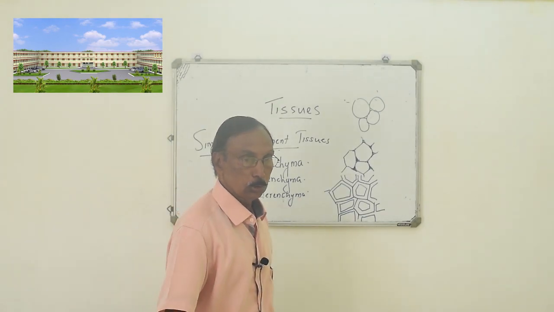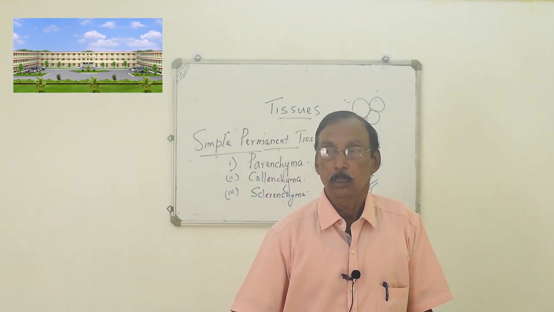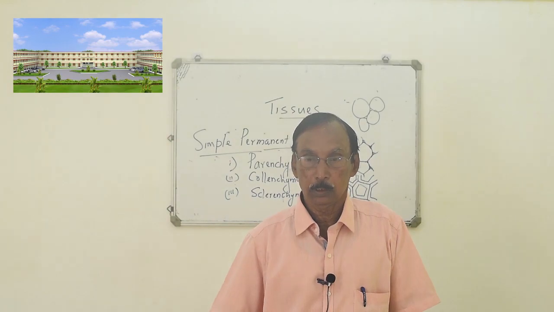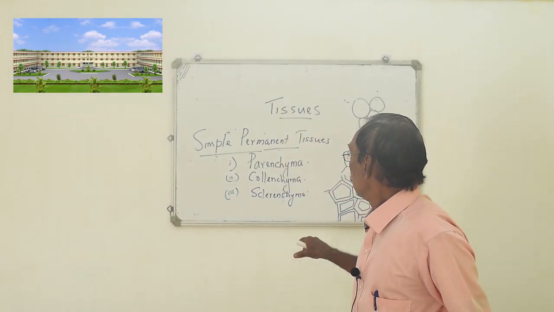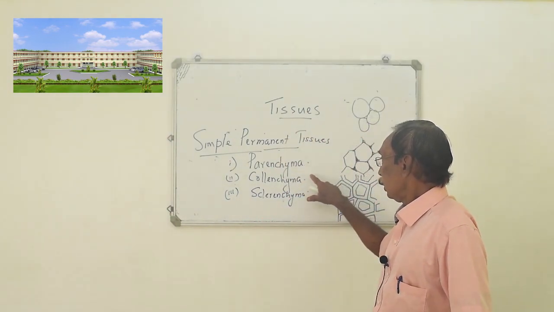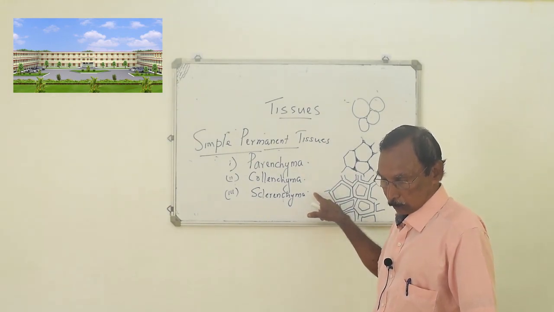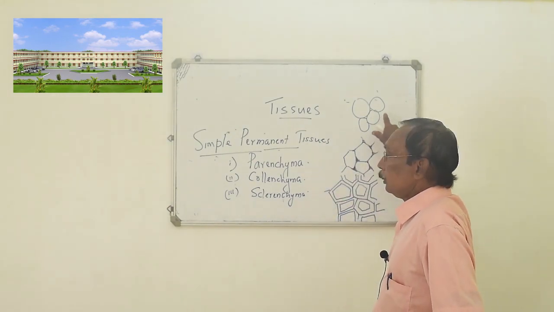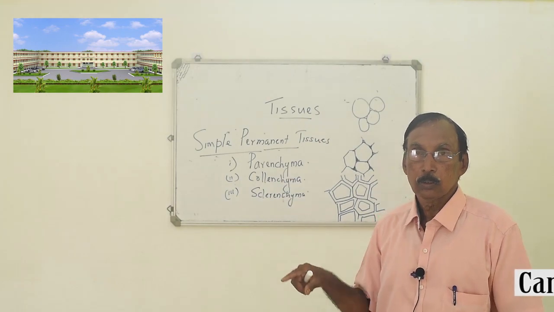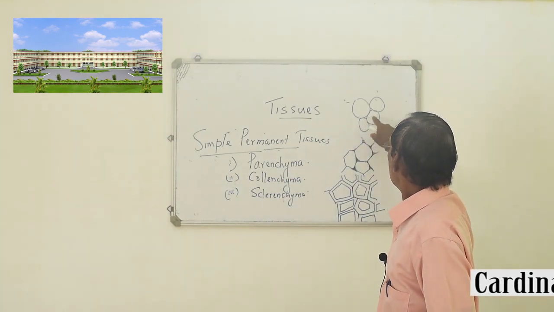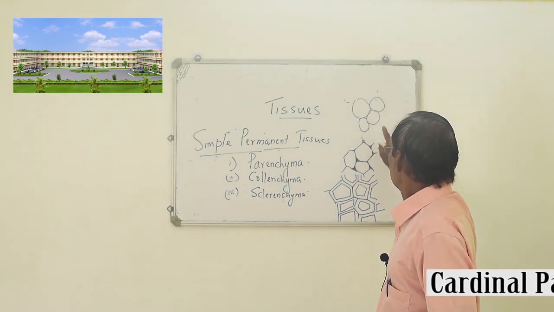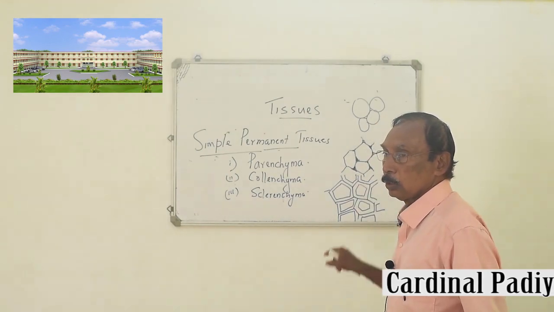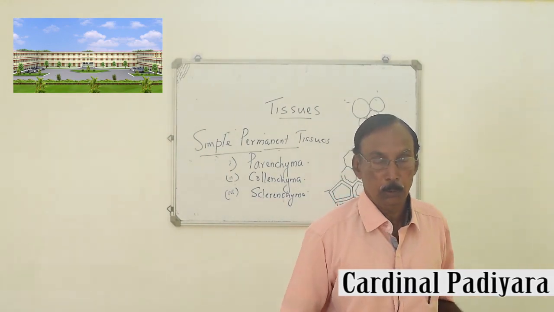For simple permanent tissue, there are three types: parenchyma, collenchyma, and sclerenchyma. Parenchyma, I explained, has very thin walled cells, may have space between, and usually stores food in the plant.